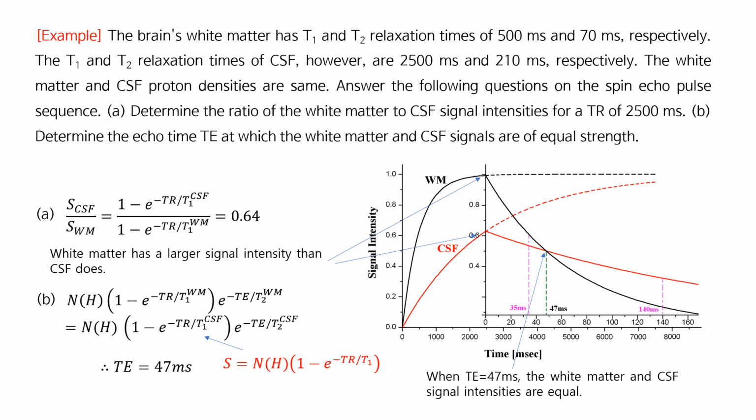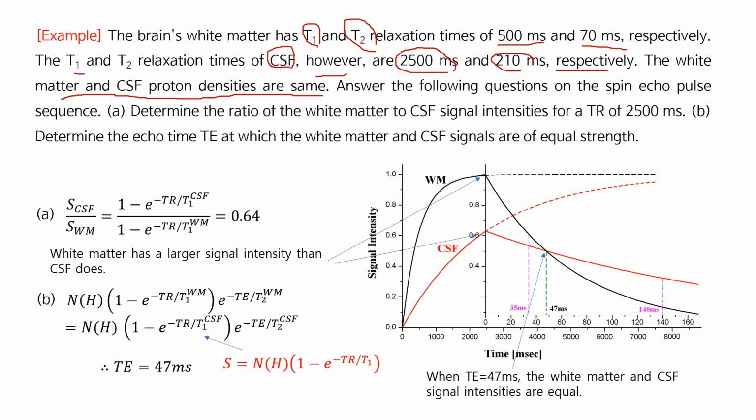Next example. The brain's white matter has T1 and T2 relaxation times of 500 millisecond and 70 millisecond. The T1 and T2 relaxation times of CSF, however, are 2000 millisecond and 210 millisecond respectively. The white matter and the CSF proton densities are the same.